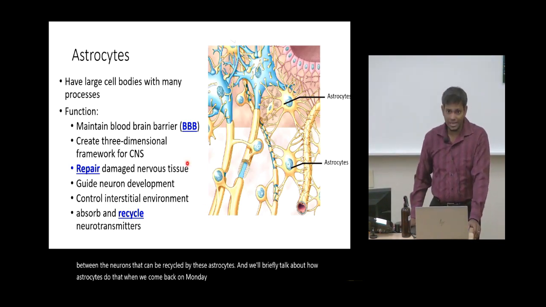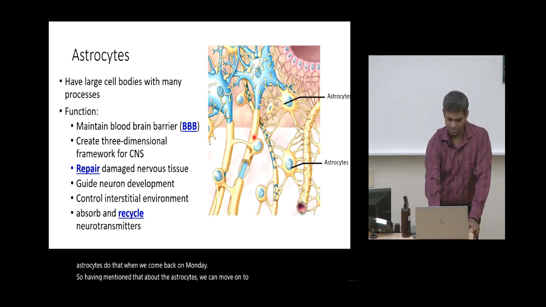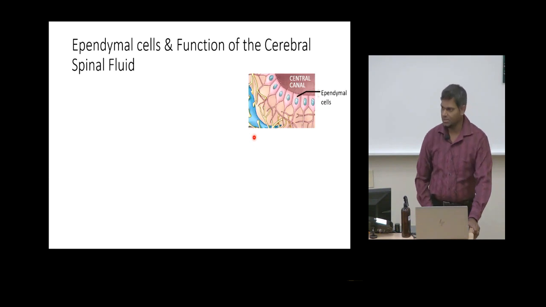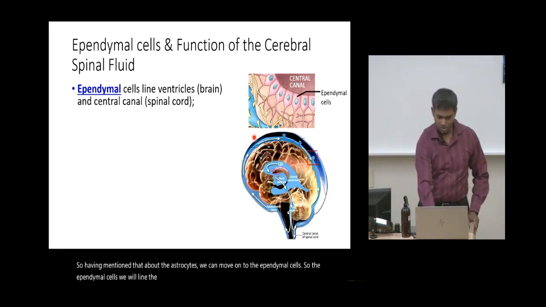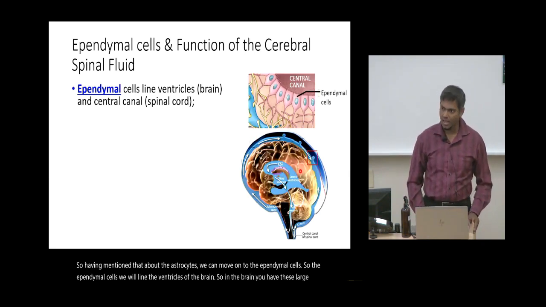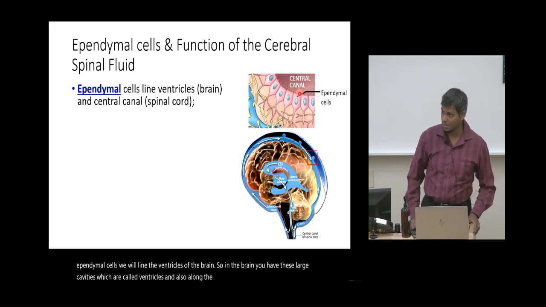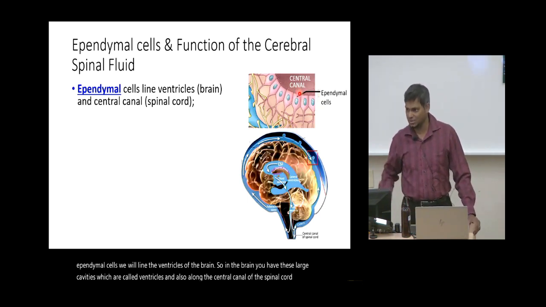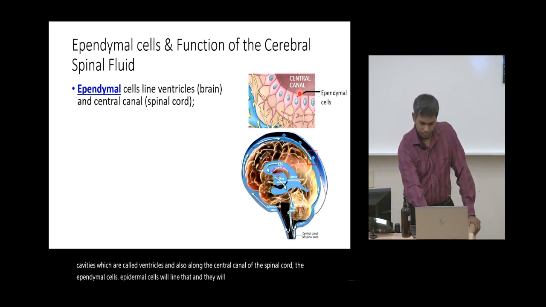So having mentioned that about the astrocytes, we can move on to the ependymal cells. The ependymal cells line the ventricles of the brain. In the brain you have these large cavities which are called ventricles, and the ependymal cells also line the central canal of the spinal cord, and they produce the cerebrospinal fluid.